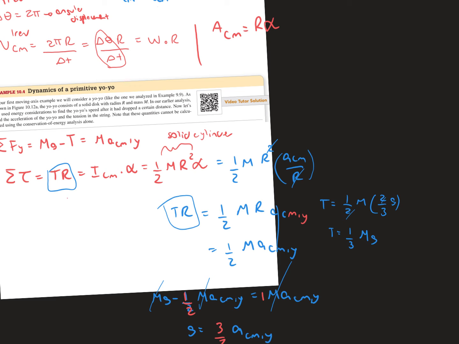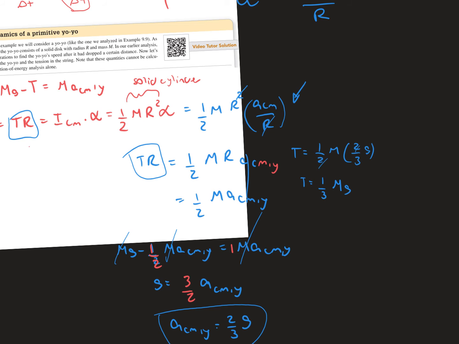But we found one thing at first. Right here up on top, we found that the acceleration of the center mass is equal to the radius times the angular acceleration. So the angular acceleration can be rewritten as the acceleration of the center mass divided by r. That's what we put right here.